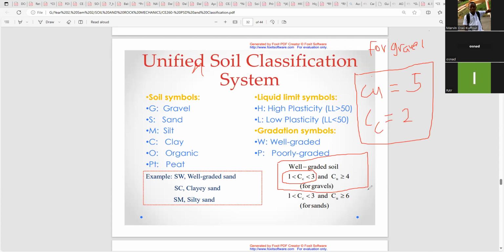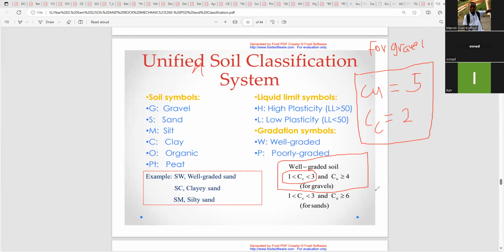And your CC should be within the range of 1 and 3. It means that it can be 1 point whatever to 2.99. And the CU should be from 6, 7 upwards.